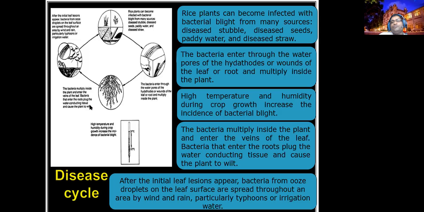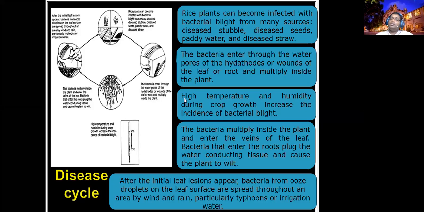Now the disease cycle. Normally the bacteria source may be stubbles, diseased seeds, water, or straw. If the bacteria reach the plant leaves through water, stubbles or plant surfaces, they move in through the hydathodes or wounds created by insects, as I told you, like Nephlochrosis medinalis, the leaf folder, or any wound.